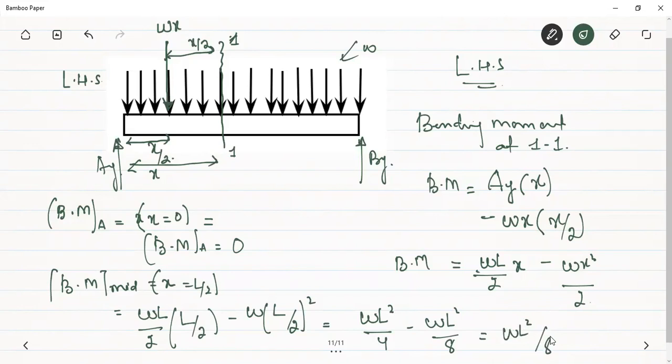Omega L square by 8, isn't it? At the midsection, it will be omega L square by 8.